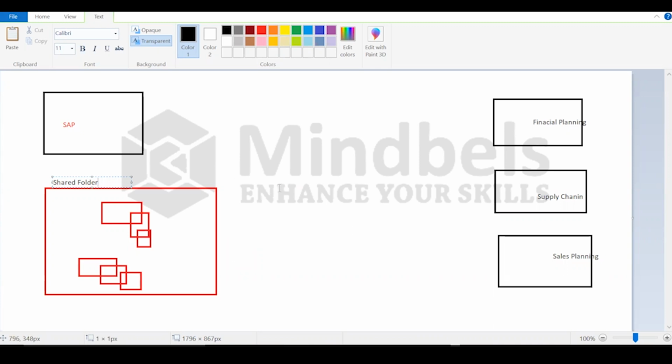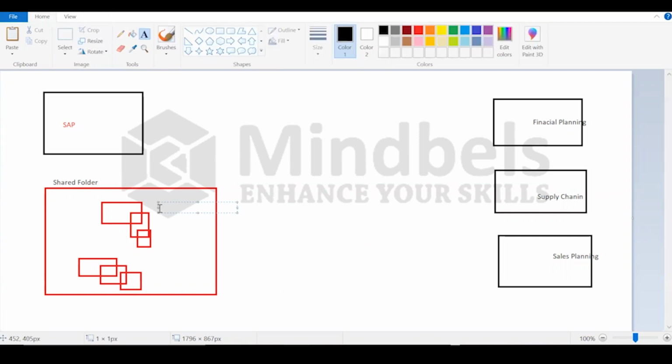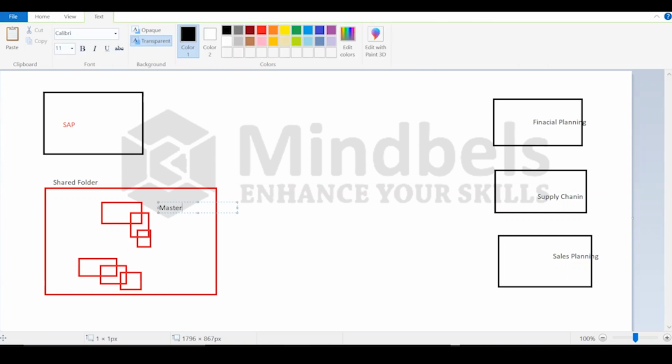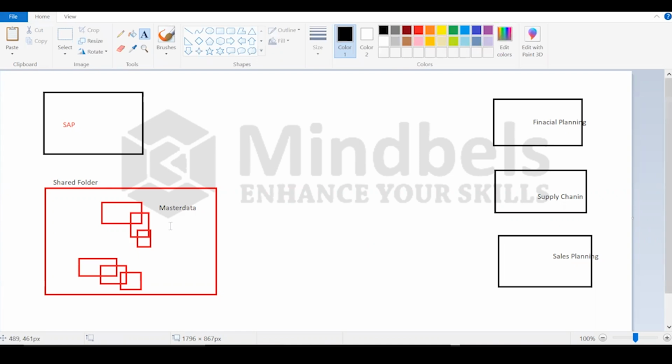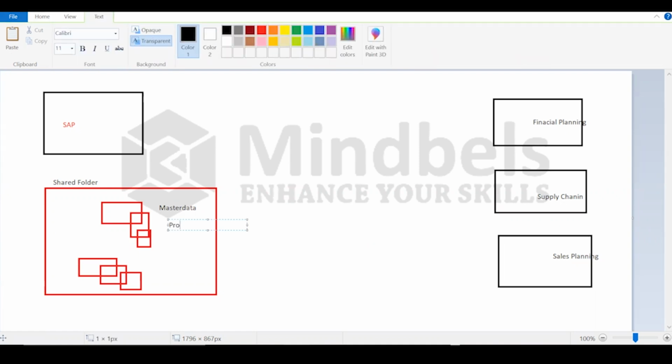Meanwhile, I draw this. This is my master data. Guys, please tell me, what do you know about shared folder? It's a folder where you can give access, you can have multiple things saved in it, and you can share access to different things.